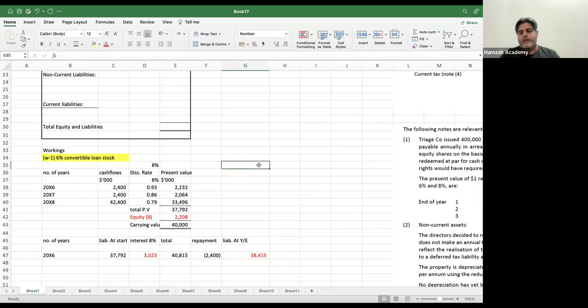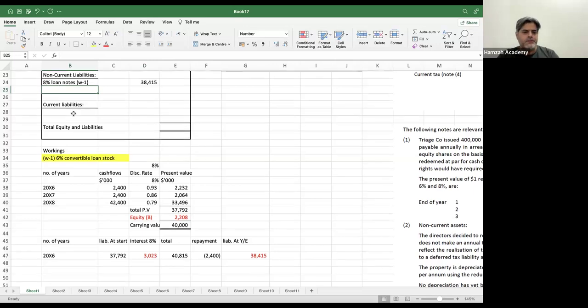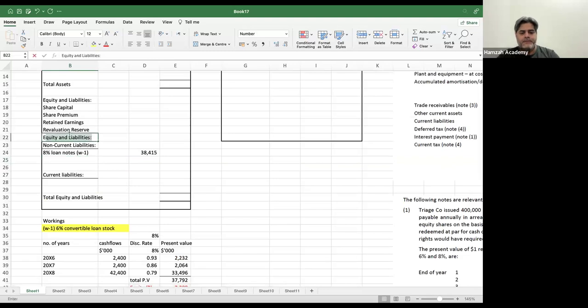Okay. Now, as far as the posting is concerned, I'm going to straight away go into my financial position. I'm going to go into my non-current liabilities. In the non-current liabilities, I will write 8% loan notes. That is 38,415 over here. Right? After that, I'm going to go into my equity options over here.